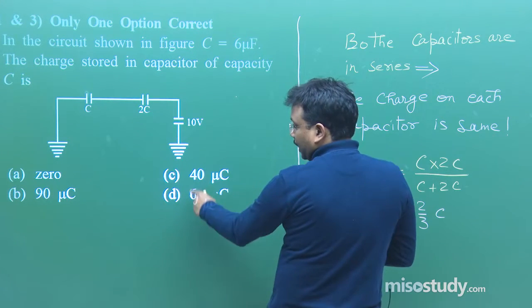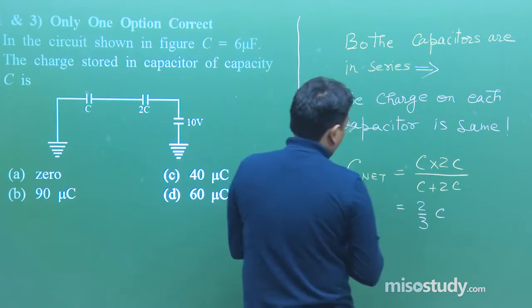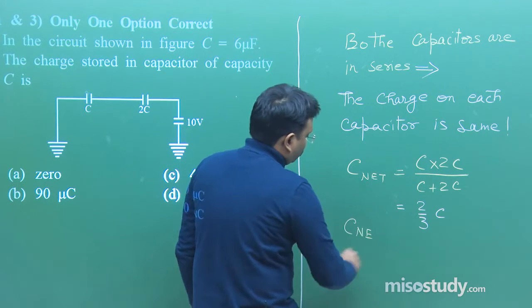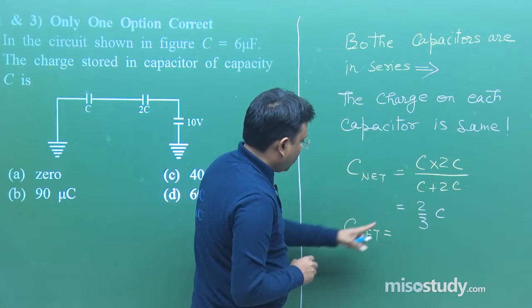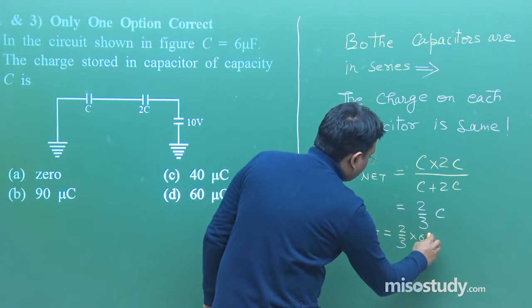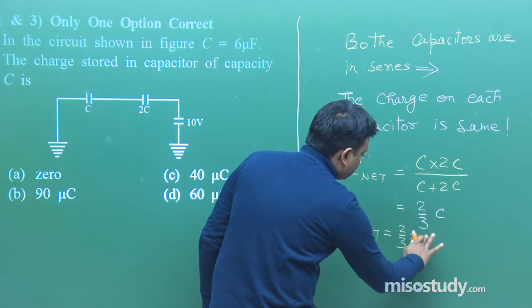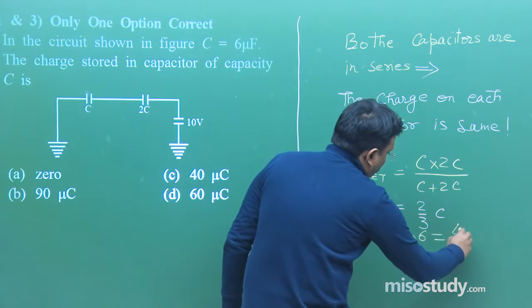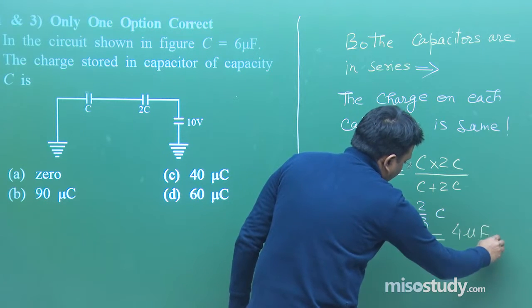Now obviously I need the number, so the value is given over here. So C net is equal to how much? That is 2 by 3 into 6, it will give me 4 microfarad, fine.